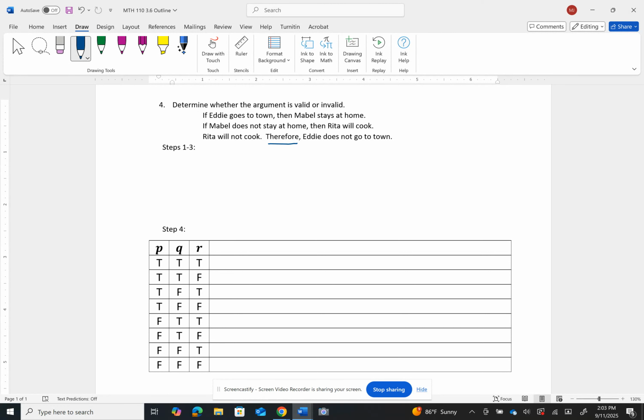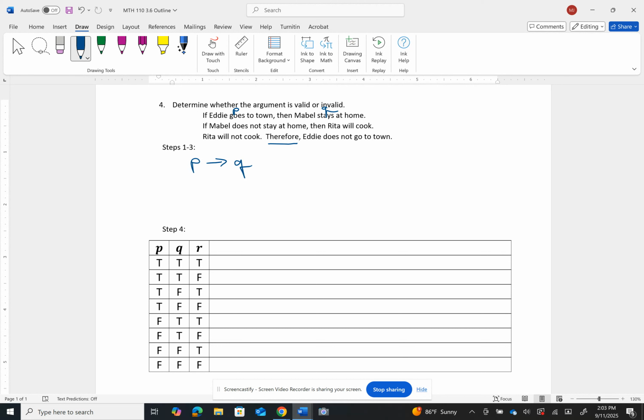So as I'm looking at this, I have, if Eddie goes to town, Mabel stays at home. So let's think about that first sentence being P implies Q. Remember, P is Eddie going to town, Q is Mabel staying home. Then we have if Mabel does not stay at home.